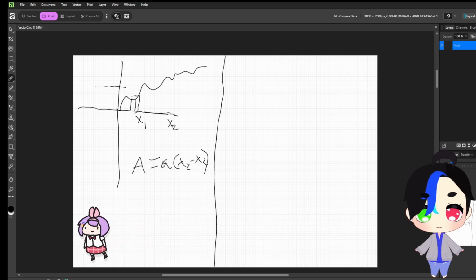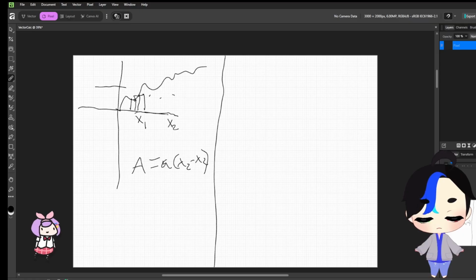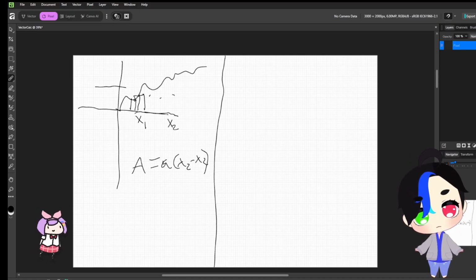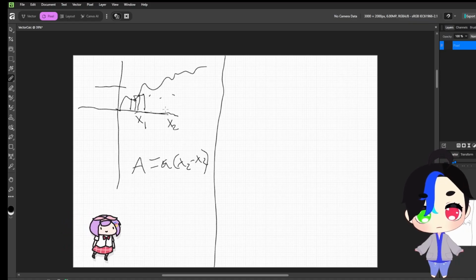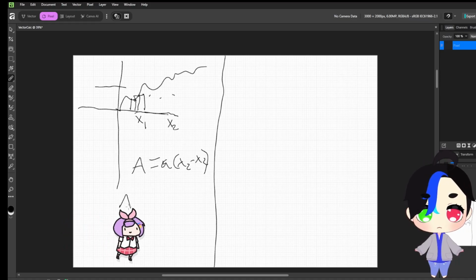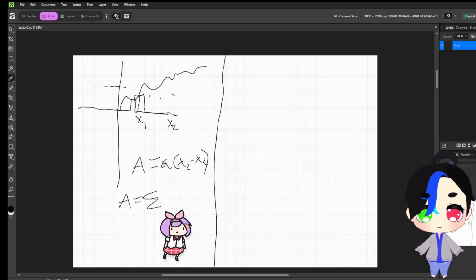Like there, there, and so on. So as you can see, because it underestimates and overestimates the area in some places, it's only a guess. It's an approximation. In that case, the area becomes a sum.